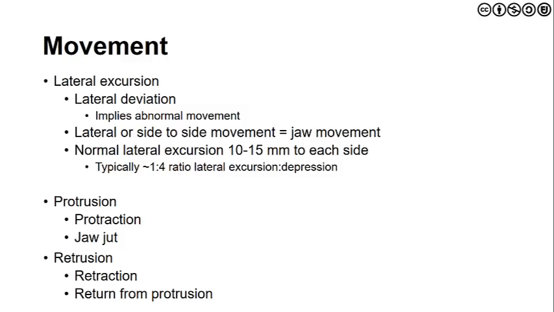If excursion is considered normal, then when we say deviation, that would be the term that we use when there's abnormal movement, meaning there is perhaps an asymmetry or there's pain that's provoked with the movement side to side. Protrusion is the protraction, or what we call the jaw jut. The jaw kind of juts forward or in a more anterior direction, whereas retrusion is retraction. It is kind of pulling the jaw back.